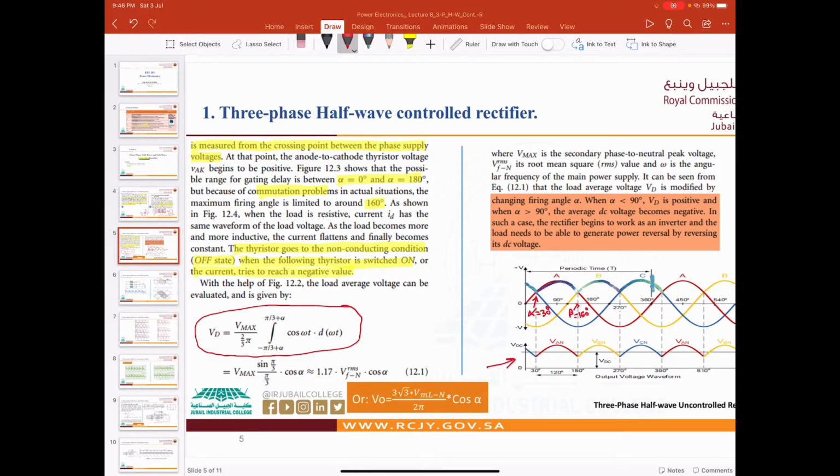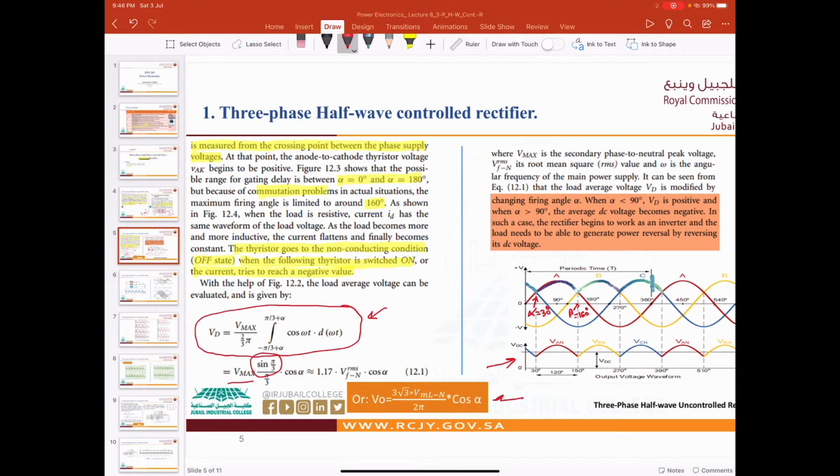In this case, after the derivation of this equation, we will find that it is V maximum multiplied by sine pi over 3, where sine pi over 3 is 30 degrees, divided by pi over 3.